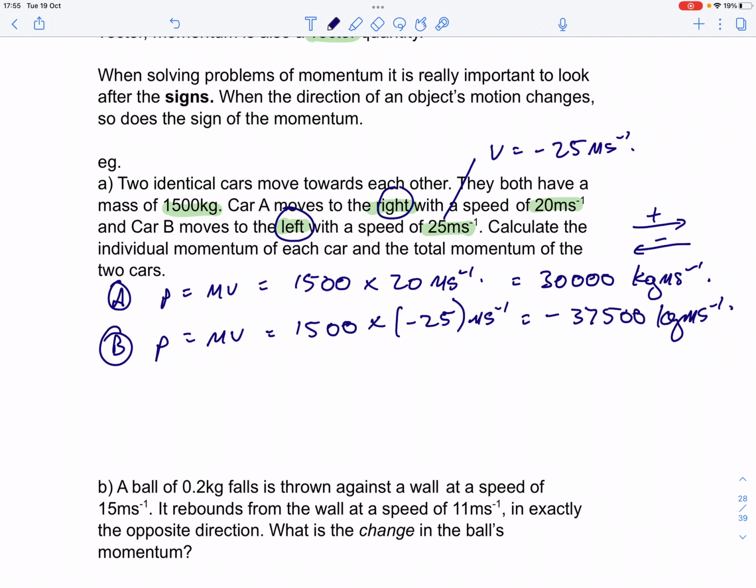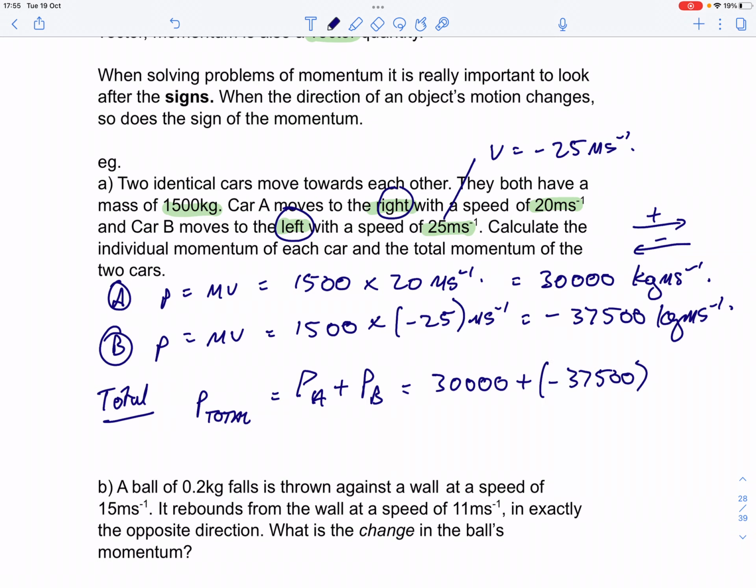Those are the two individual momenta of each car, and the total is going to be the sum of those. The total momentum is the momentum of car A plus the momentum of car B, which is 30,000 plus minus 37,500.